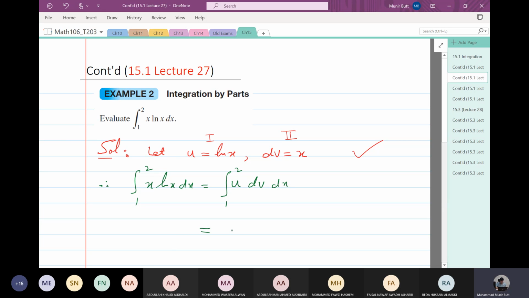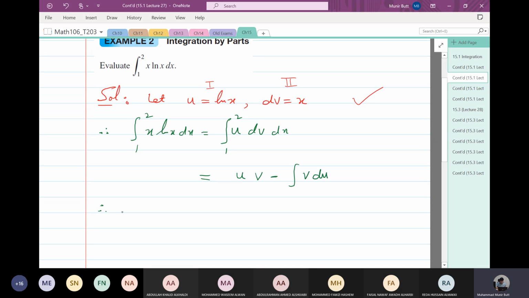So what this means is, it says uv minus integration of v du. It means we need a du and a v. And here of course you apply the limits 1 to 2 if you want to write this.